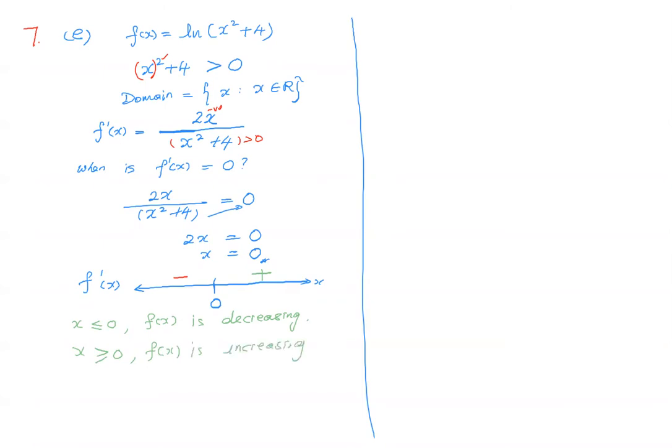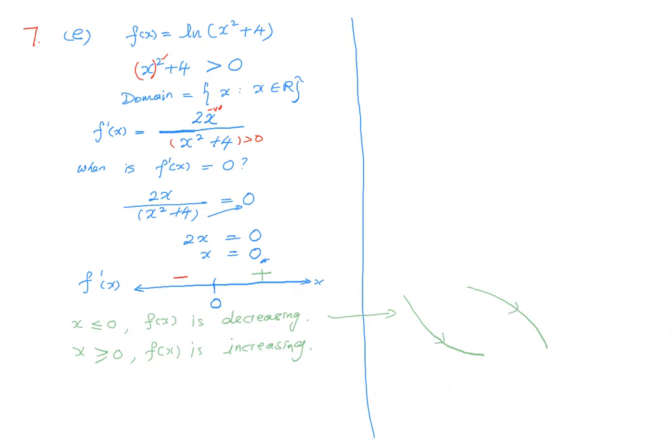But how does it increase or decrease? Do you know? For example, when I say f(x) is decreasing, it can go like that, or it can go like that. So which one?